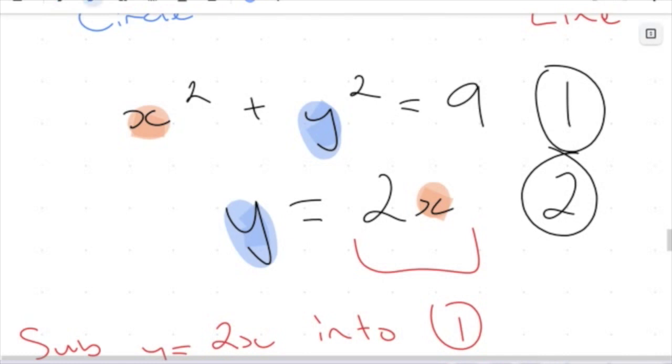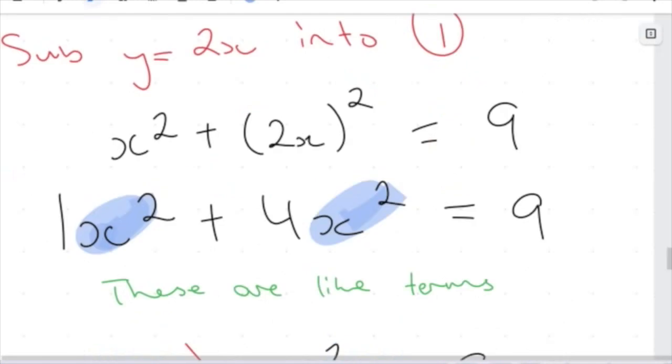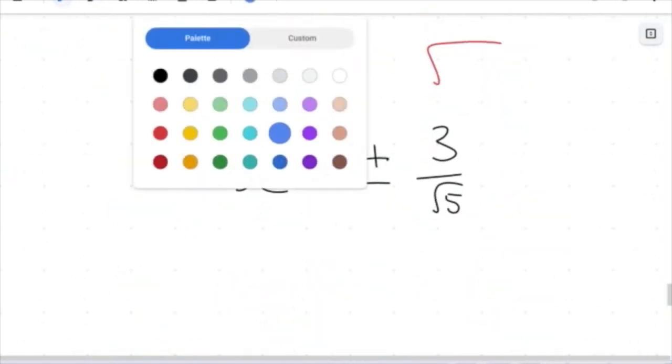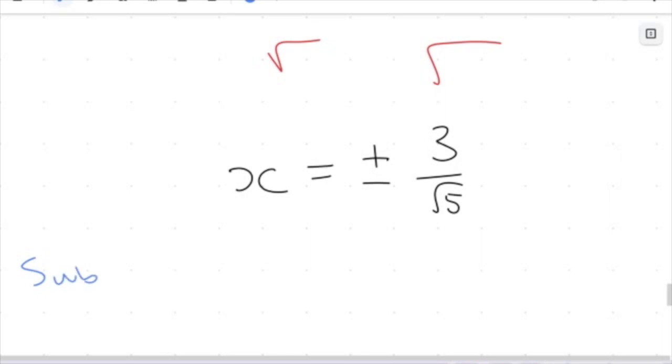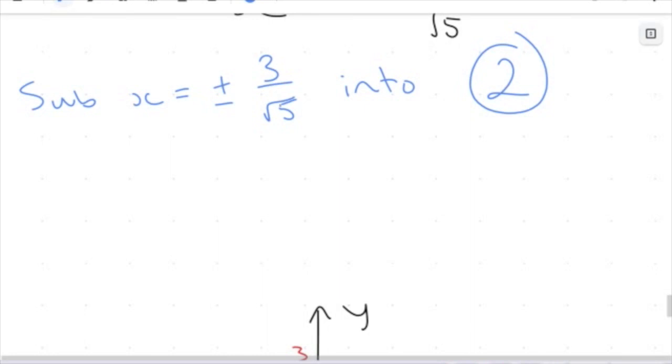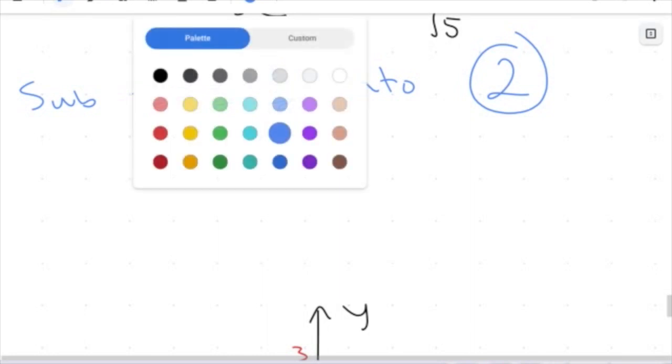So I'm going to substitute this into equation 2 because it's just going to be way easier to work with. So we're going to substitute x equals plus or minus 3 over root 5 into equation 2. So I'm going to get two solutions, two y coordinates.